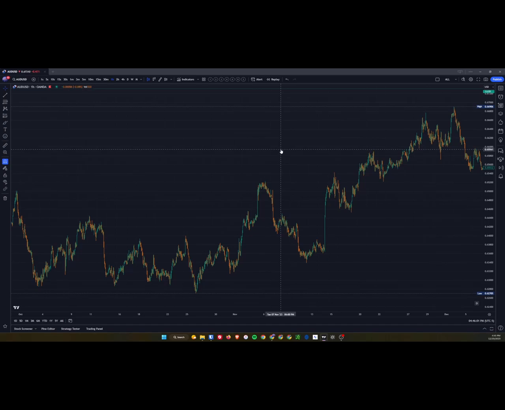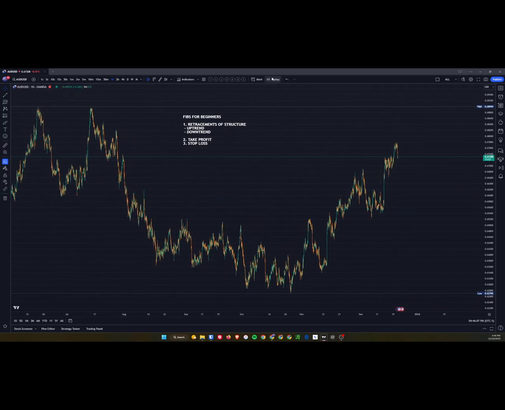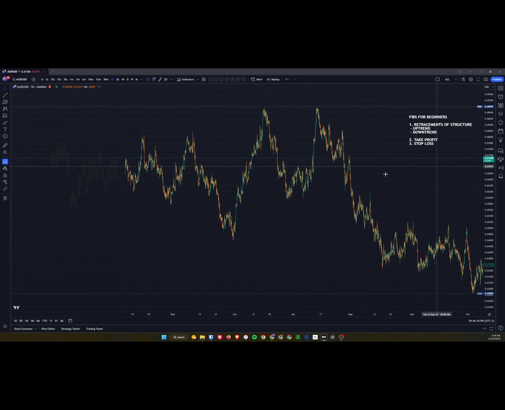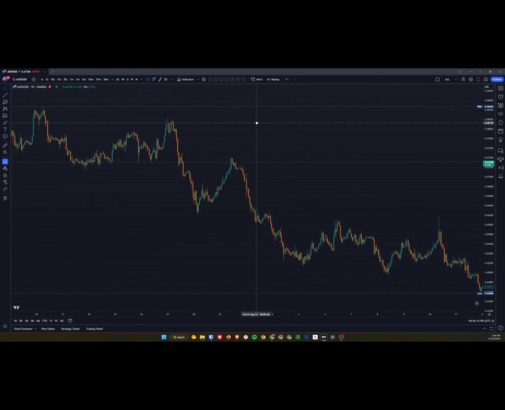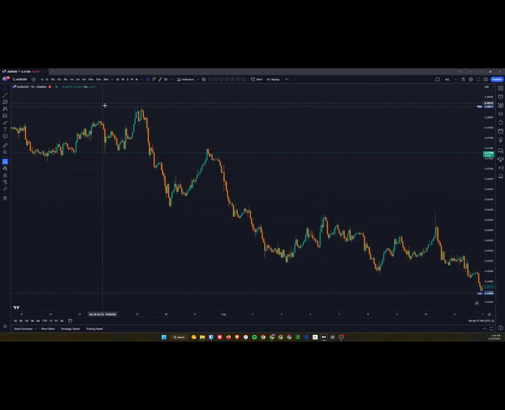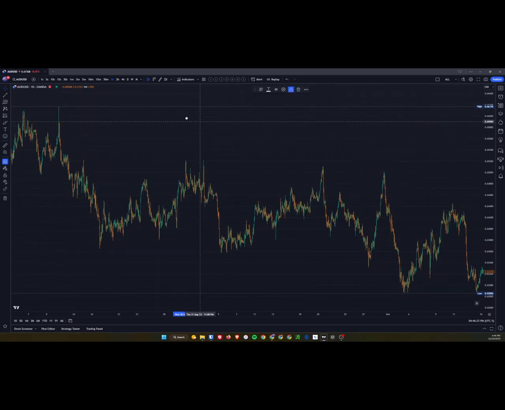Let's analyze a random structure somewhere. Okay, let's go over here for a sell-off example. All right, so let's determine the trend.